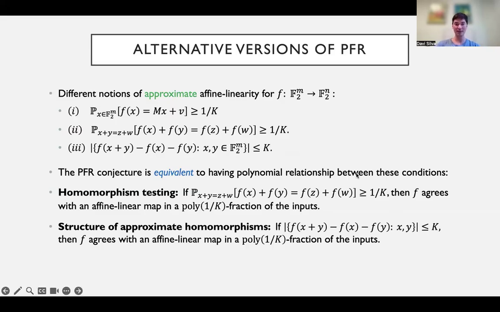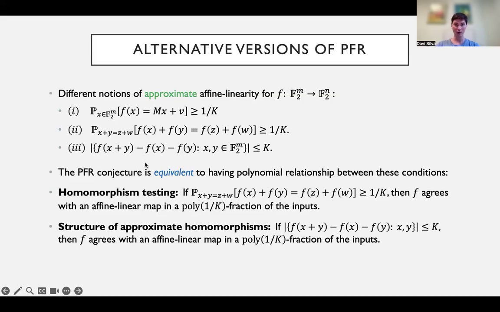It says that if this probability of f respecting the additive structure is at least 1 over k, like this condition 2, then f agrees with an affine linear map in a poly 1 over k fraction of the inputs. So it's condition 1, now with 1 over k substituted by poly 1 over k. And this homomorphism testing is precisely equivalent to the PFR conjecture.